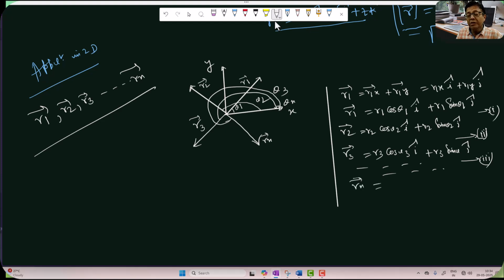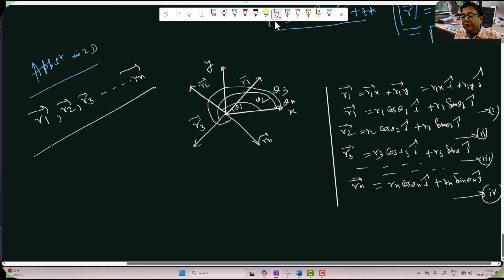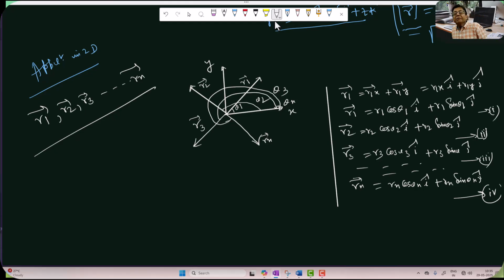This you write all. Rn vector is what? Rn cos theta n i cap, Rn sin theta n j cap. Agree or not? I have written all the vectors in terms of their components.